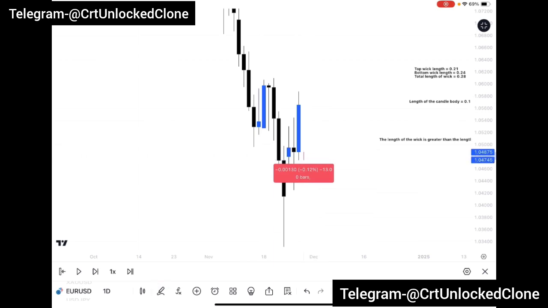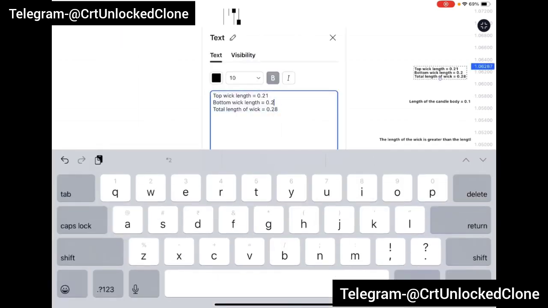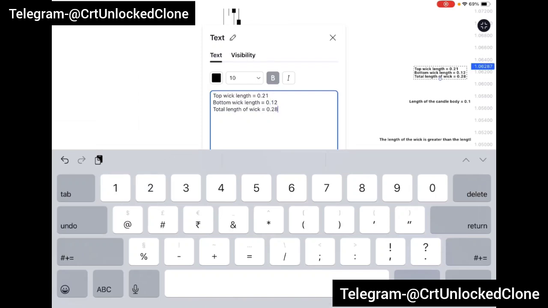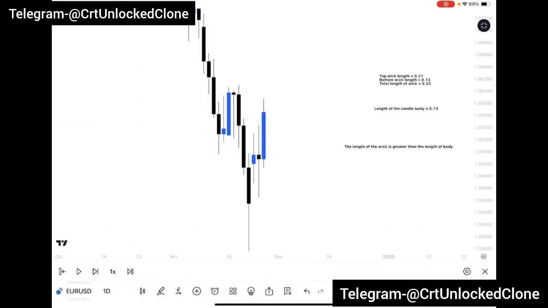The bottom wick length is 0.12. So total length of wick is 0.21 plus 0.12, which is 0.33. Right? Yeah, right. So now we got the total length of the wick of this candle is 0.33.